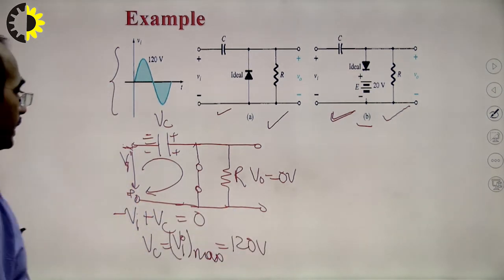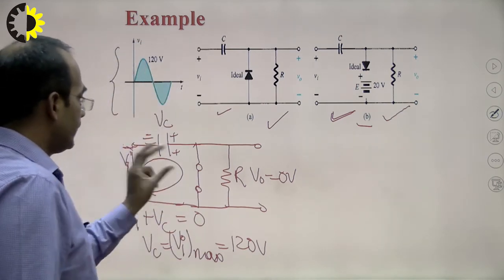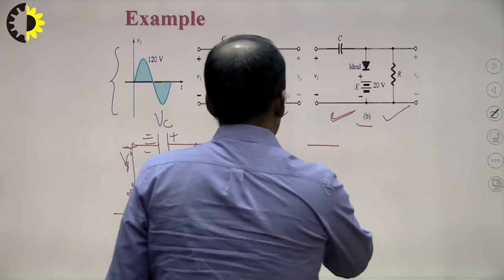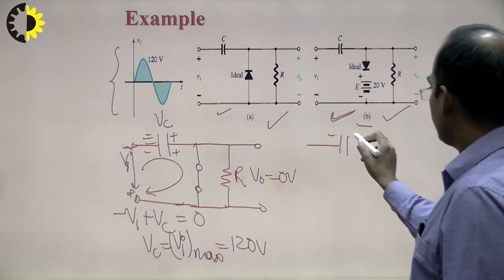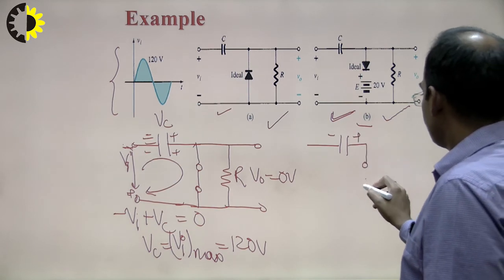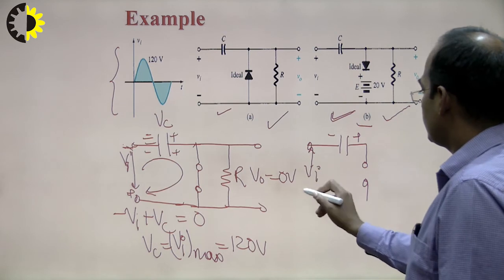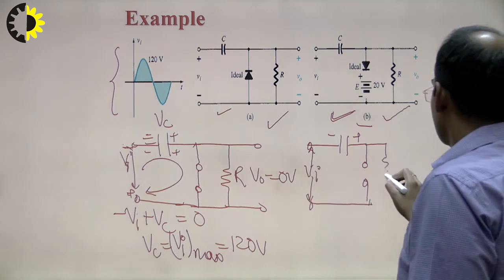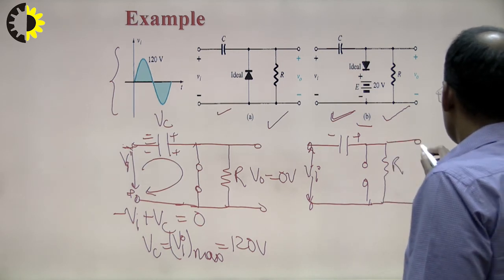Next half cycle will come. What will happen? This diode will become open circuited, and capacitor will start behaving as a battery. So negative positive, diode will become open circuited. What will be the output?